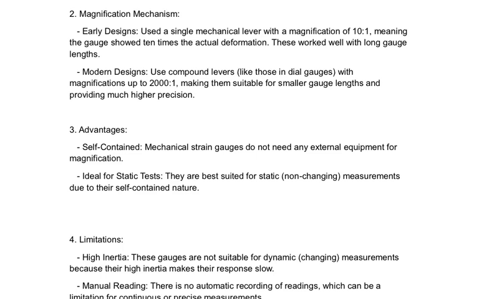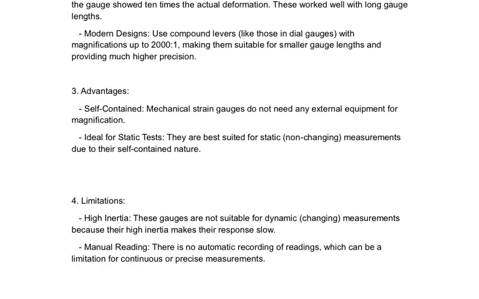These gauges are not suitable for dynamic measurement because their high inertia makes their response slow. With manual reading, there is no automatic recording of readings, which can be a limitation for continuous or precise measurement.